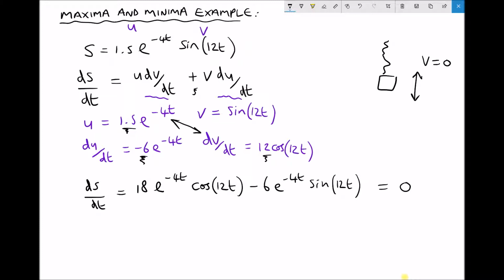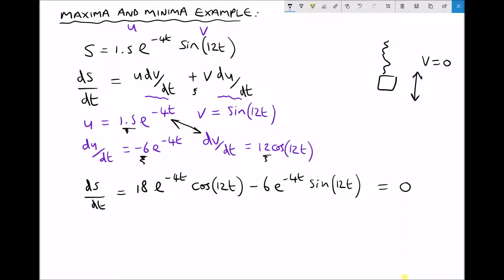And that makes sense because at the top and bottom of the movement, the mass stops before it starts moving in the opposite direction. So we have positive velocity, the mass stops, and then we have negative velocity as it drops back down.